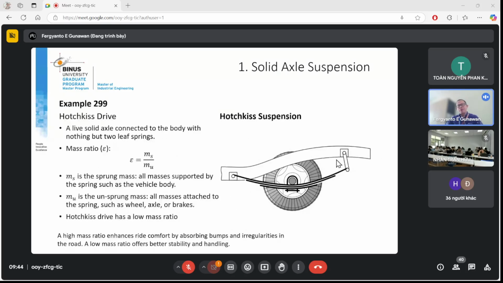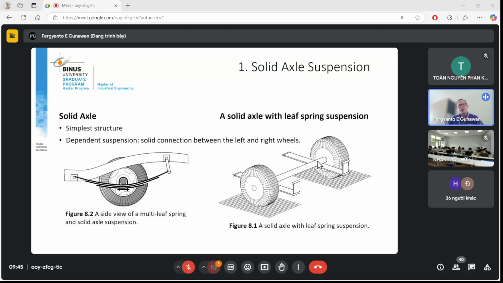Okay, so this particular suspension system, we call it the Hotchkiss suspension. Because this Hotchkiss suspension is extremely simple, it has quite a big MU here, because you have a single axle. As you can see, this single axle is rather heavy, although it's simple.